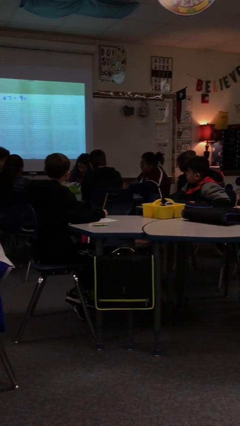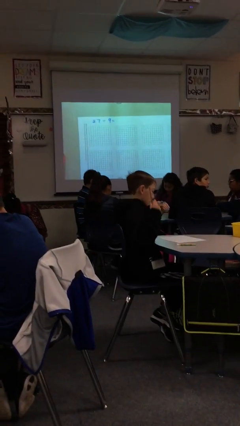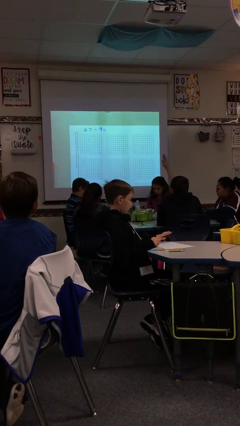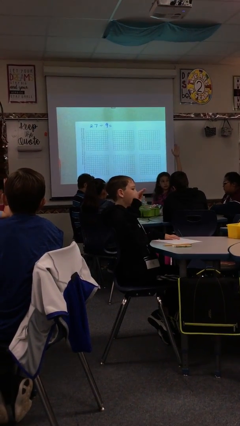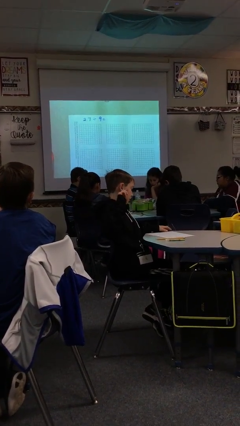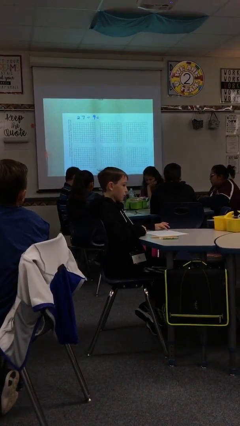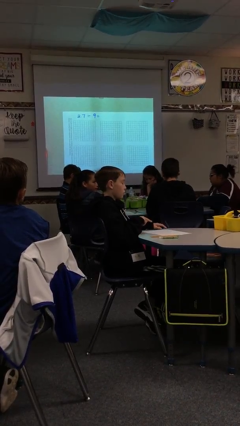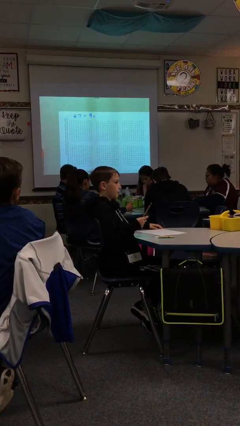So what did we talk about with our division problems from yesterday? Since it's 2, it would take up 2 of the squares, so both of the squares would be colored in, and then we make groups of 7.